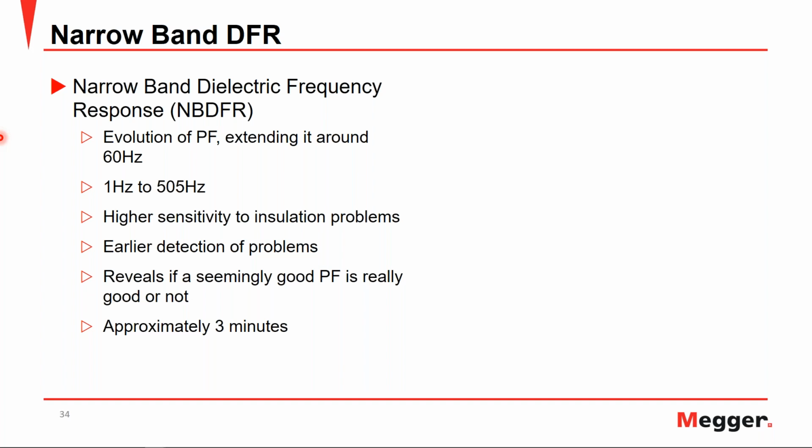And the range is from 1 to 505 hertz. What this offers is higher sensitivity to insulation problems, as well as earlier detection during the deterioration stages. And also that question of, is my power factor really good or not, becomes a little more clear with the higher sensitivity and the power factor across the range. The 10 measurements in the range of 1 to 505 hertz take approximately 3 minutes.